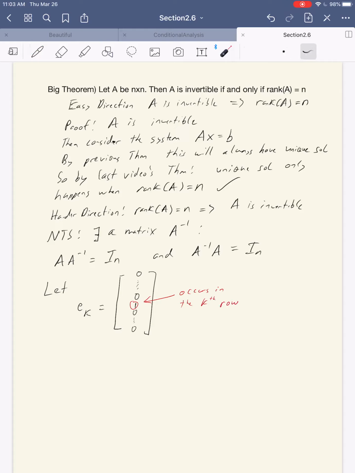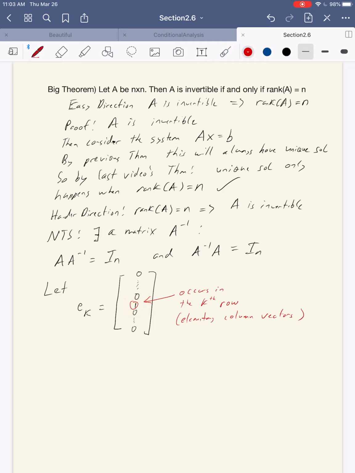So E sub k is a column vector that is all zeros except for a single 1 in the kth row. These are often called the elementary column vectors because they are all zeros except for a single placeholder in exactly the kth position.